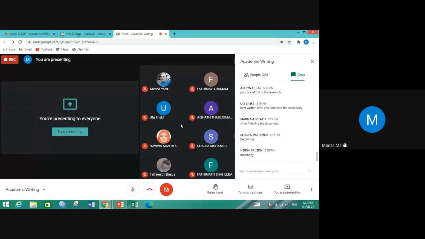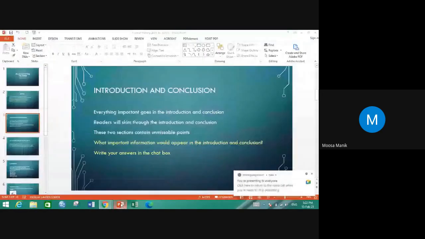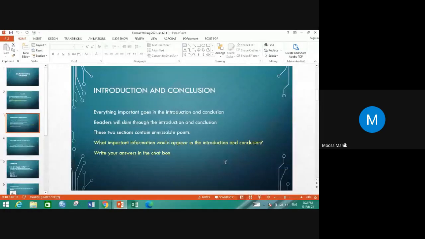In the introduction, what you write is something like what you did and how you did it, what was done and what was the result. So basically, that's what we are talking about. That's very good, people. That's really very good. I think you should keep in mind that the introduction would be the last thing that you write.